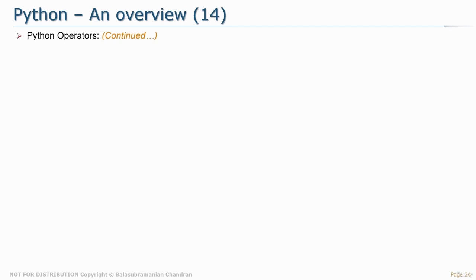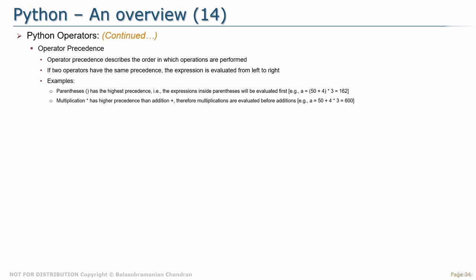With all these operators, it's very important to understand the operator precedence. Operator precedence describes the order in which operations are performed. If two operators have the same precedence, the expression is evaluated from left to right. Examples: parenthesis has the highest precedence, that is, the expressions inside parenthesis will be evaluated first, as given in the first example.